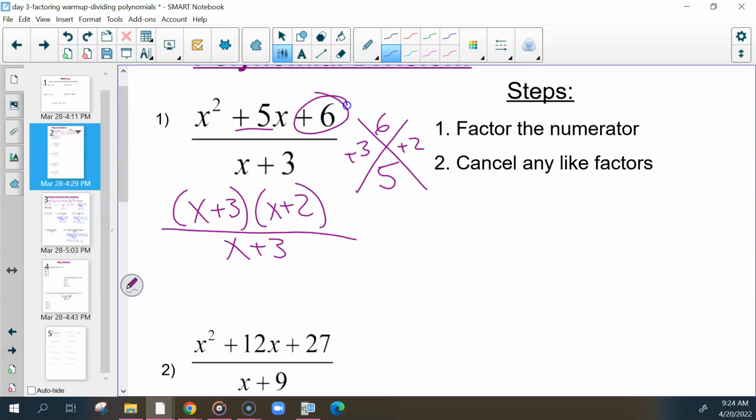Then after you factor your numerator, you can pretend this has parentheses if that helps you to see this better. But you're looking for like factors, and you're going to cancel those out, divide those together to leave you with just one answer. So you shouldn't get 0 in these cases.